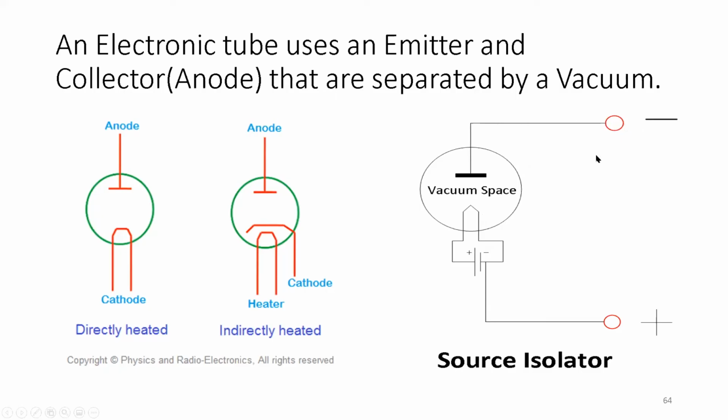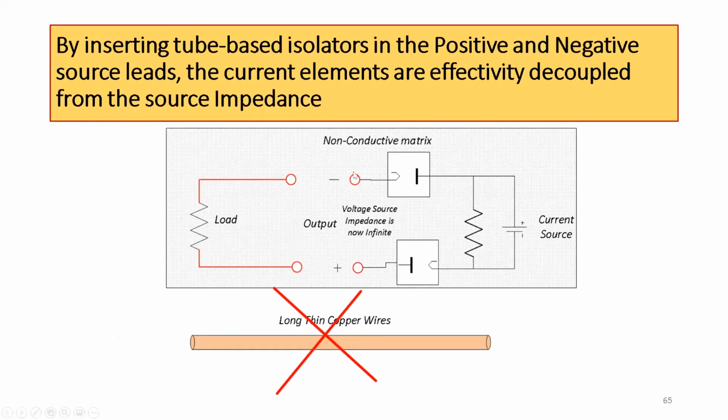You would use the same type of circuit on the other lead, with these tubes here. So now you have a battery with a source impedance, but it doesn't matter because our load doesn't see the source. It doesn't even know anything about the source. It's decoupled with this vacuum here. The emitter is just taking electrons and sending them to the load, and vice versa here.